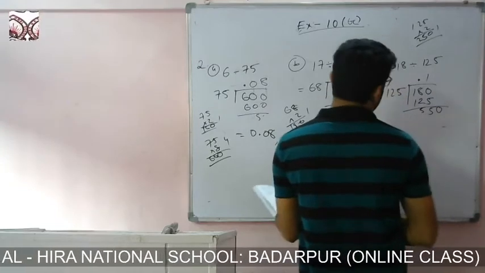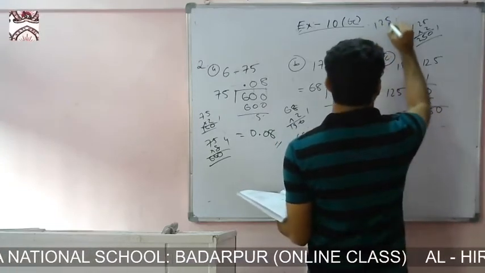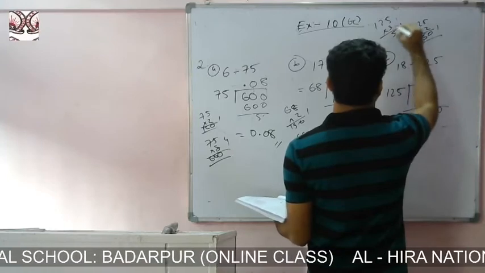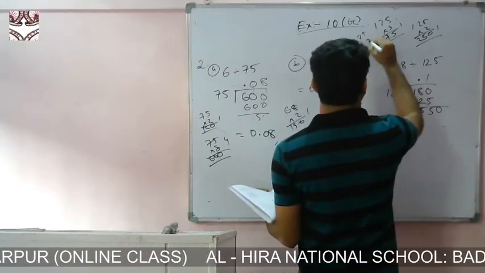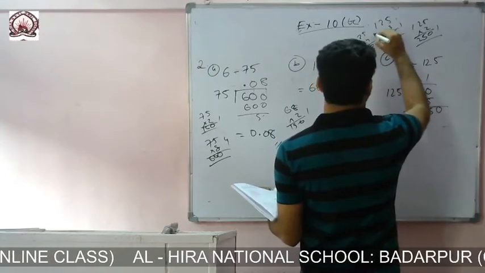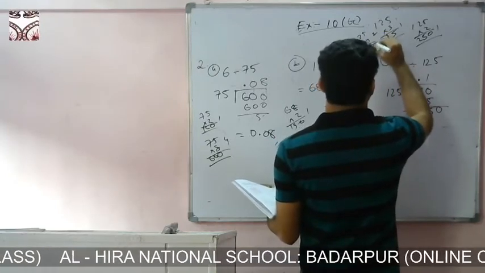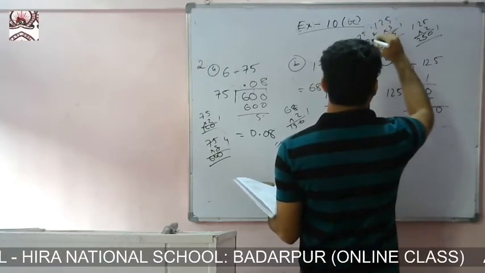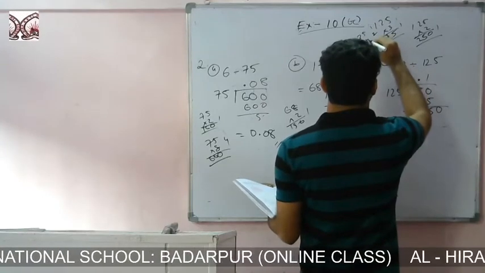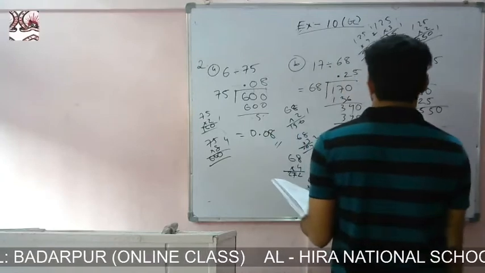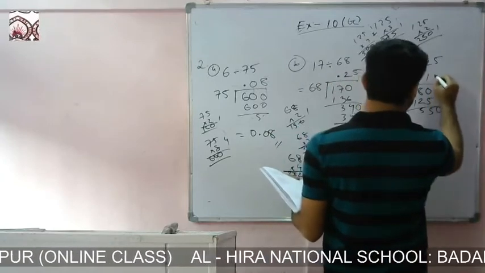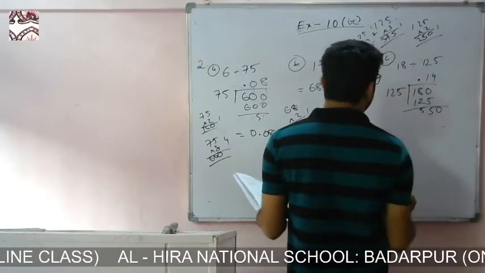Now let us check with 125 into 3. 375, and 125 into 4. We are getting what? 500. Okay. So I think 4 is the last, and with 5 it will cross.